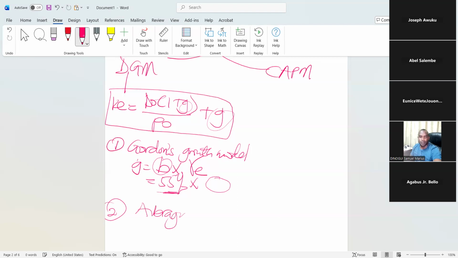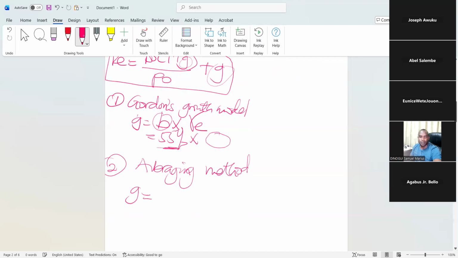The averaging method says that g is equal to the current dividend, the most recent dividend, over the very old dividend, to the power 1 over n minus 1.